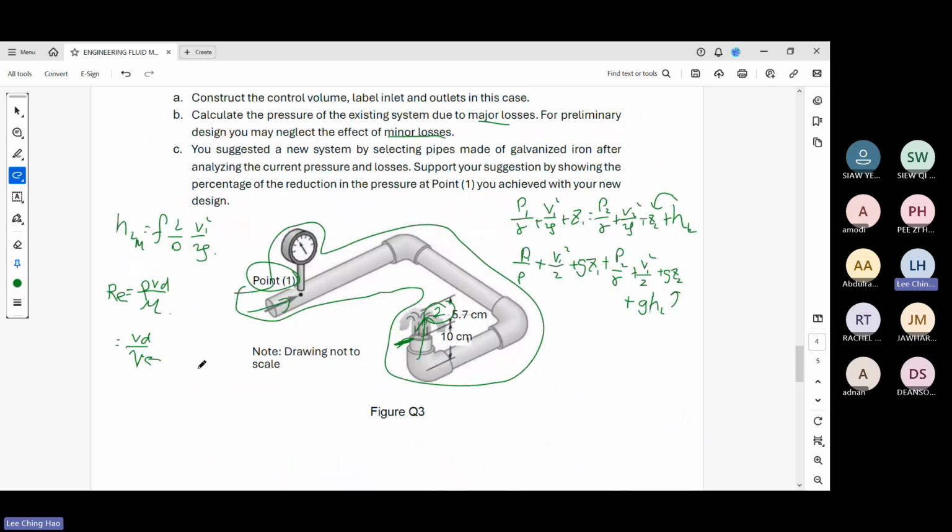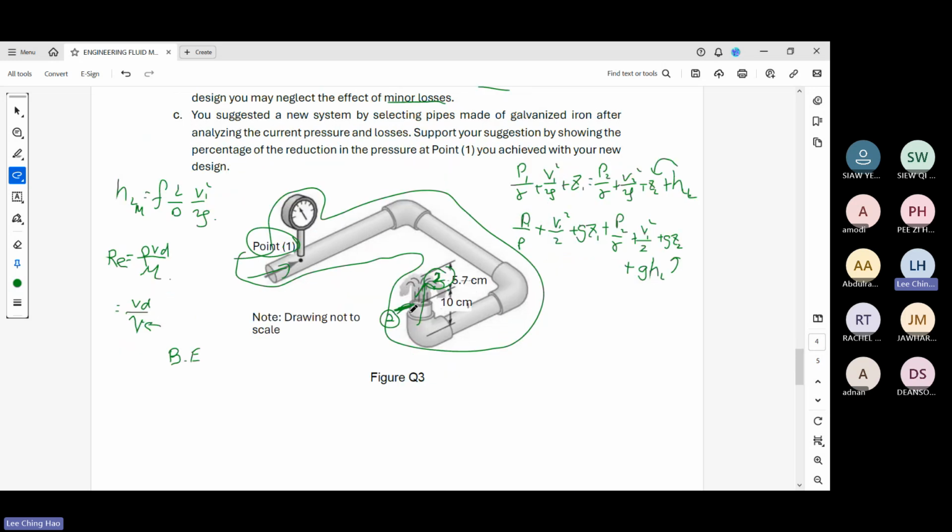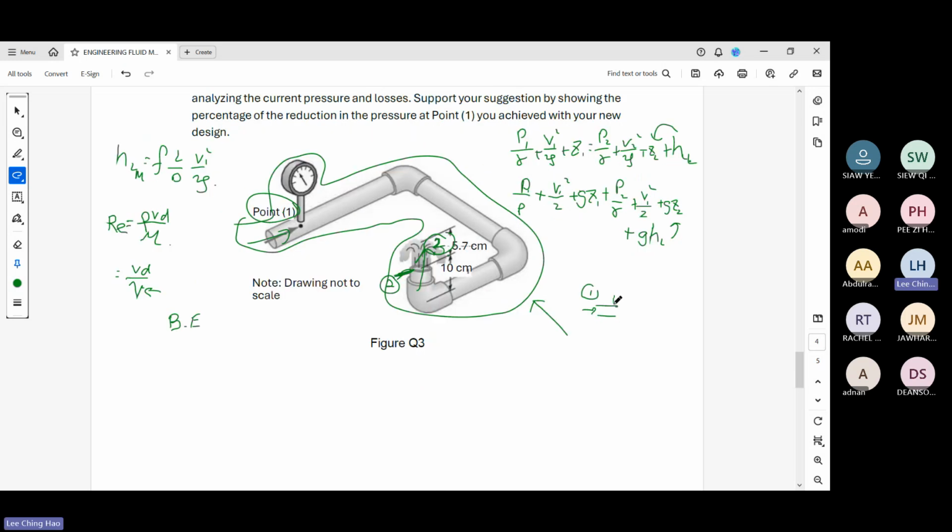You can use other methods also, but I found that there are two methods. Point 1, point 2, point 3. How to differentiate? I draw the view from here. This is the pipe, point 1, then you have the meter.